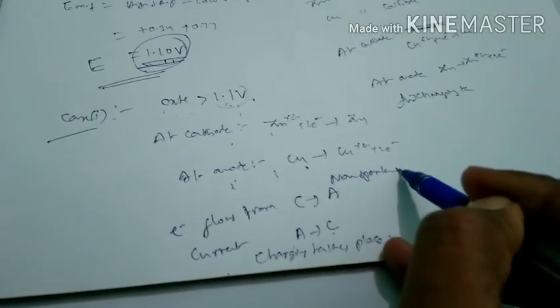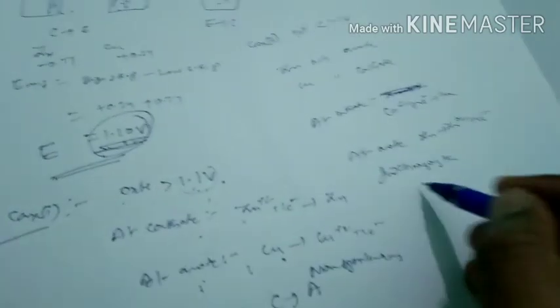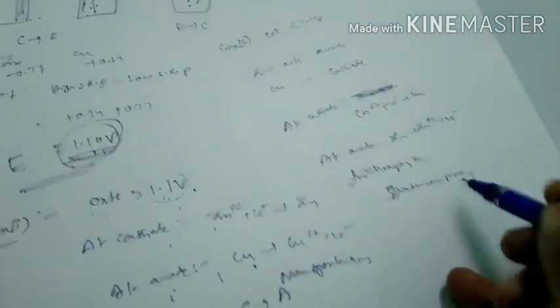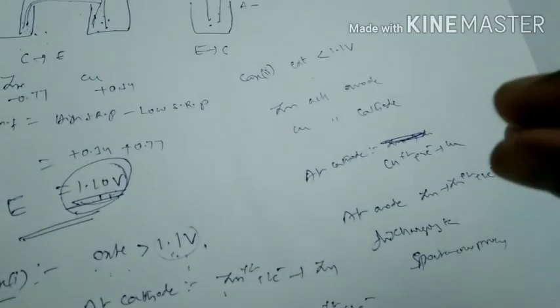So this is a non-spontaneous process. Why is it called a non-spontaneous process? The galvanic cell cannot give electricity to that one. But here this is a spontaneous process. Why is it called spontaneous? Because here the galvanic cell produces current for that external source.